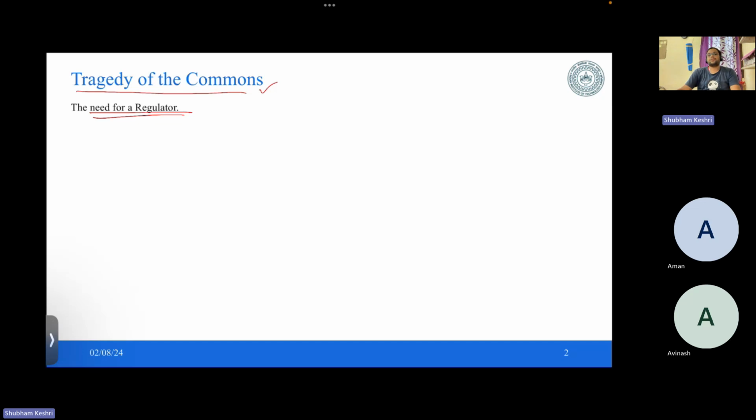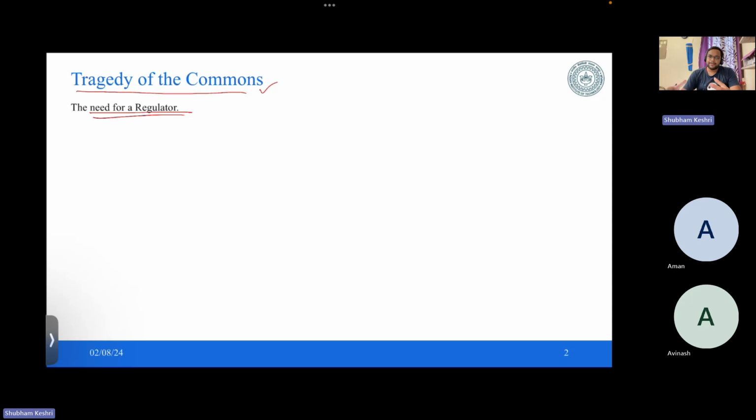All right. So in this problem, tragedy of commons, there is a common resource, a pool of resource, which a few players are utilizing, and in that process, that resource is being consumed.